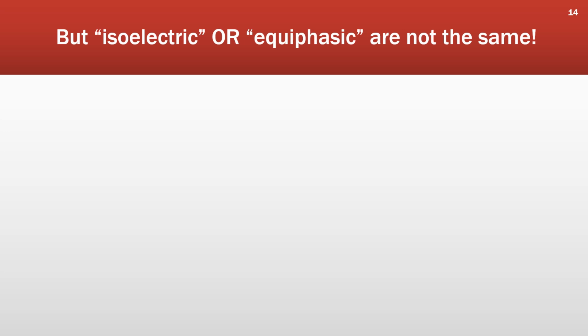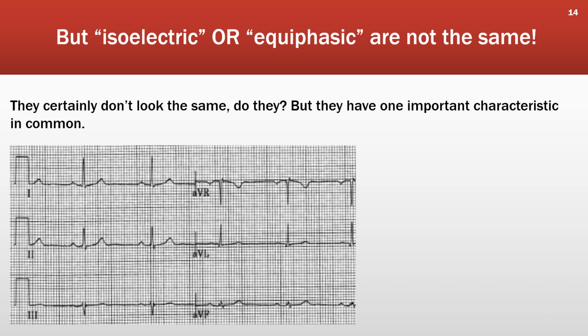Let's return now to the topic of an isoelectric or equiphasic QRS complex and talk about that for a little bit. Now, certainly isoelectric and equiphasic complexes don't look the same, do they? But they have one important characteristic in common. Now, here in lead AVF, we see a complex that almost meets both criteria. It's very, very small.